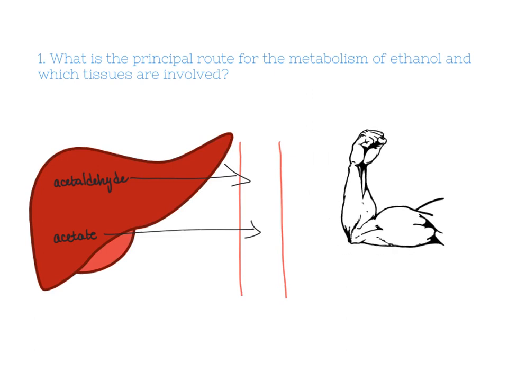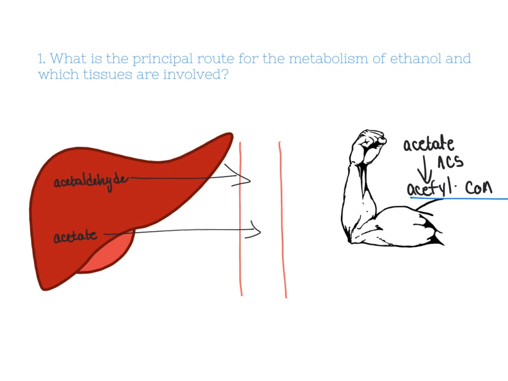In skeletal muscle, acetate is further metabolized into acetyl-CoA by the enzyme acetyl-CoA synthase. Does acetyl-CoA sound familiar? What is a very important cycle acetyl-CoA fits into?